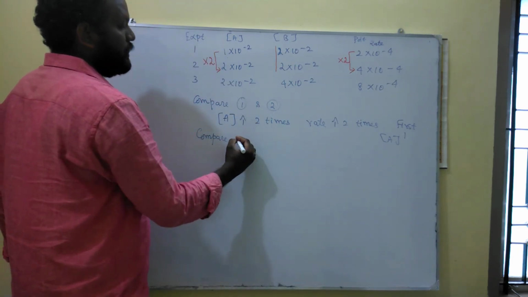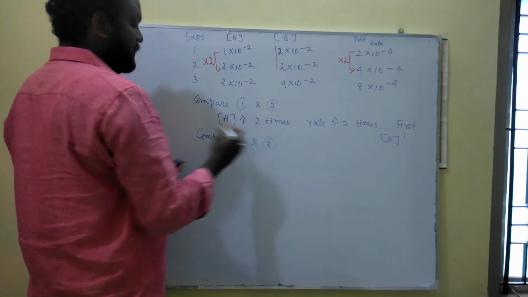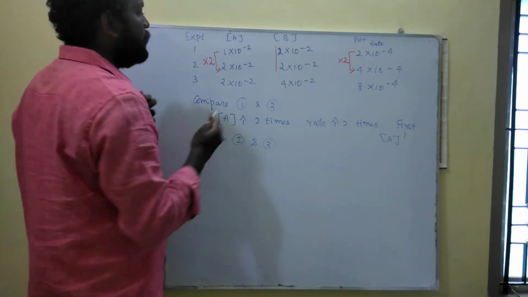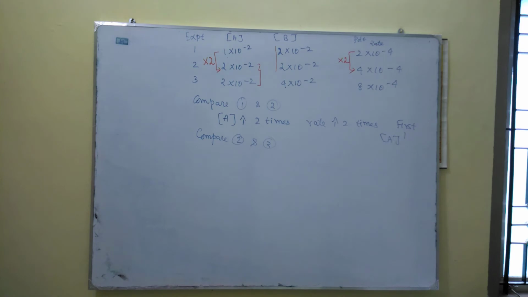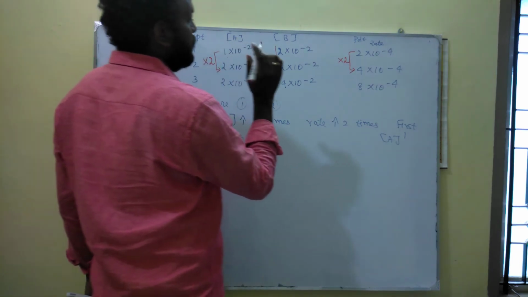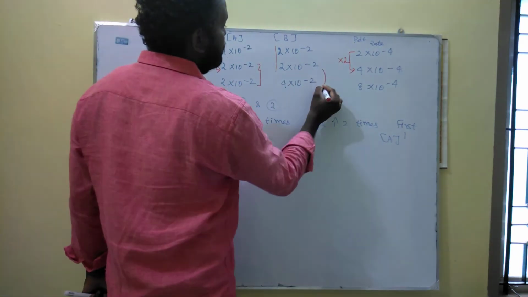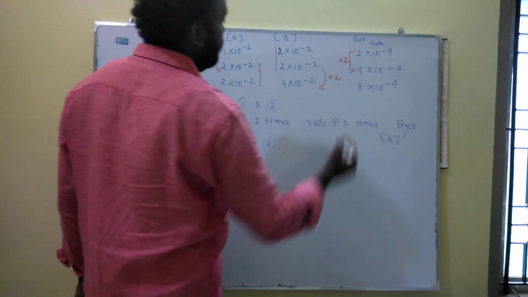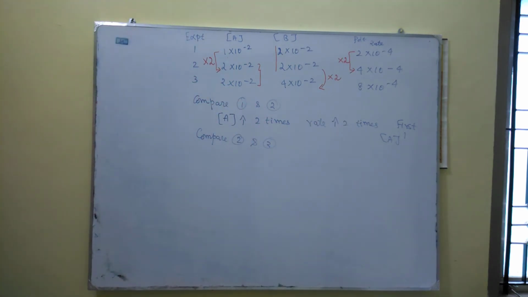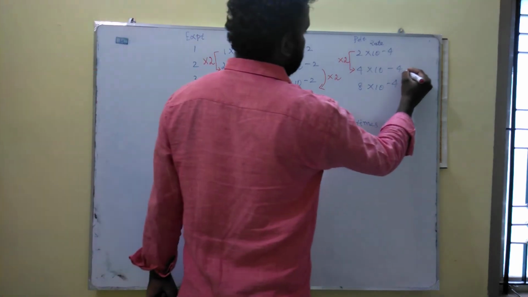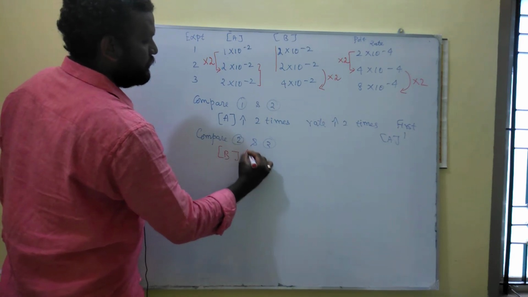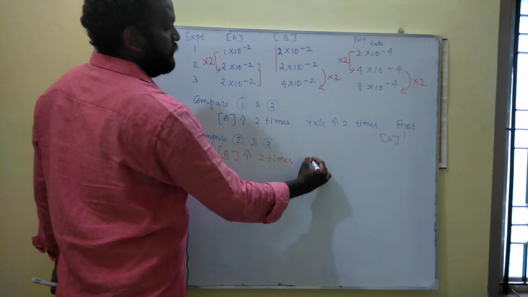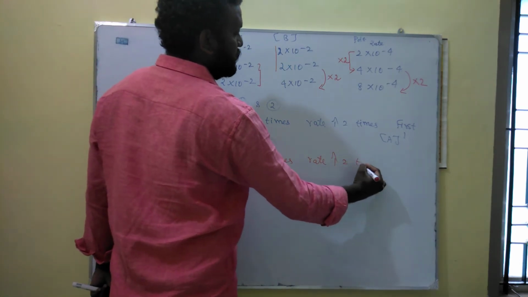Here we compare 1 and 2 and 2 and 3, because here we found the order of A. So now A is kept constant, and B increases 2 times, from 2 into 10 power minus 2 to 4 into 10 power minus 2. So the rate of the reaction also increases 2 times.